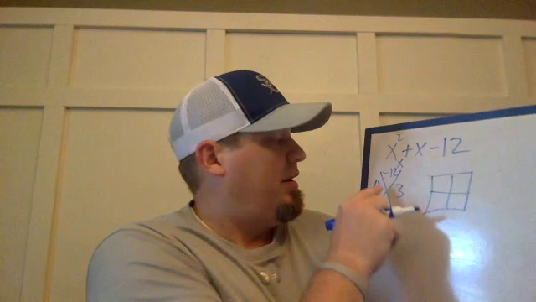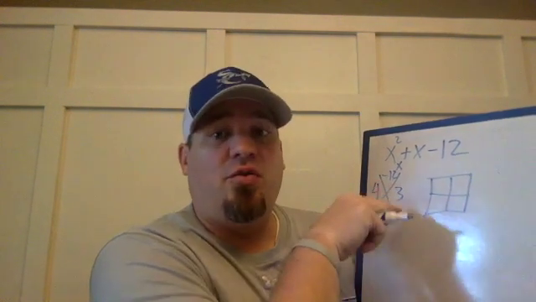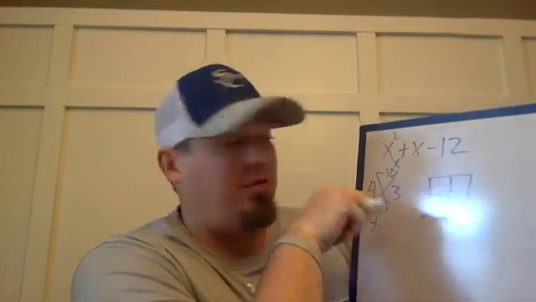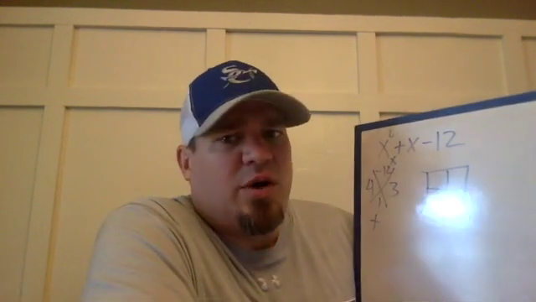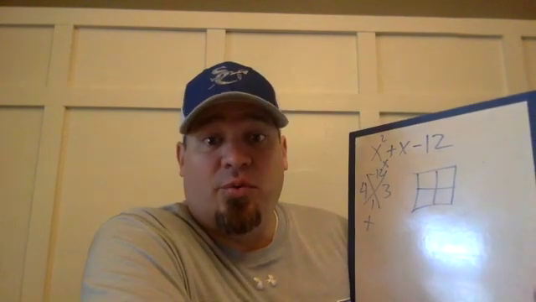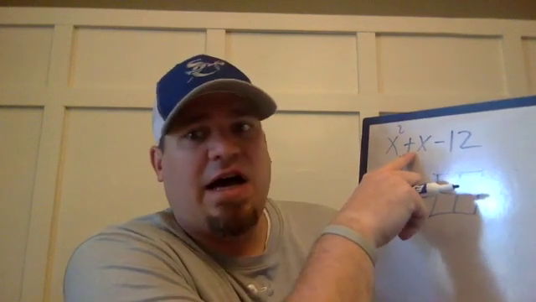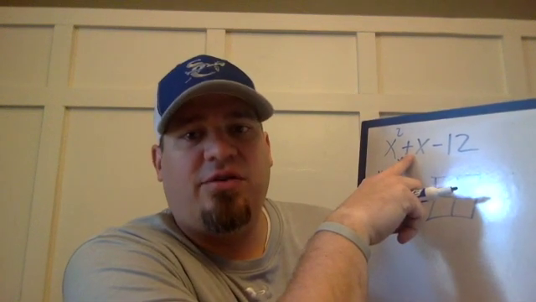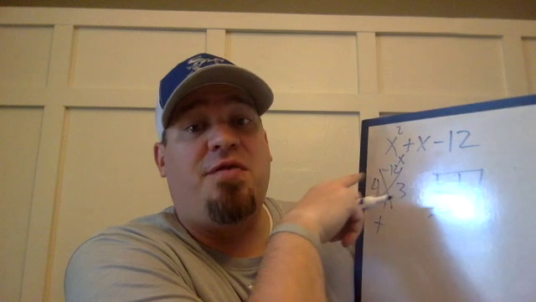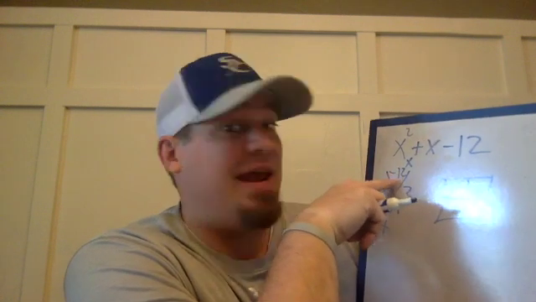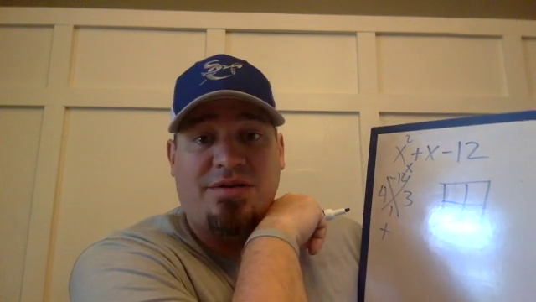But remember, I have to have two numbers that multiply to give me negative 12. So that means one of these numbers has to be negative. But which one is it? Well, here's the rule. Whatever sign this middle term is, that's the sign of the bigger number when I have a negative value in the top of my x.